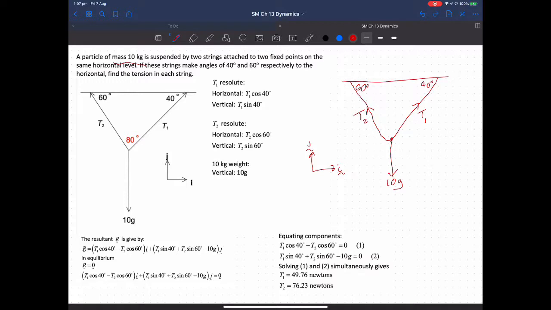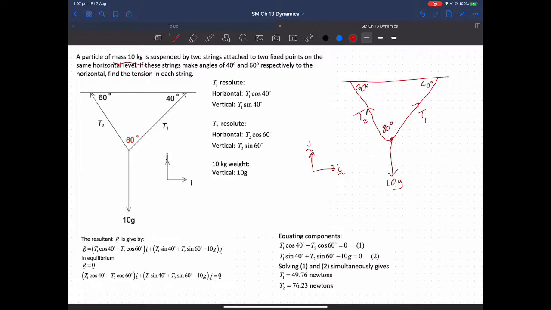So to solve this problem, what we need to do is resolve those forces. So let's see what we have. We know we have a triangle which has an angle of 60 degrees, 40 degrees. So the angle between T1 and T2 is 80 degrees.